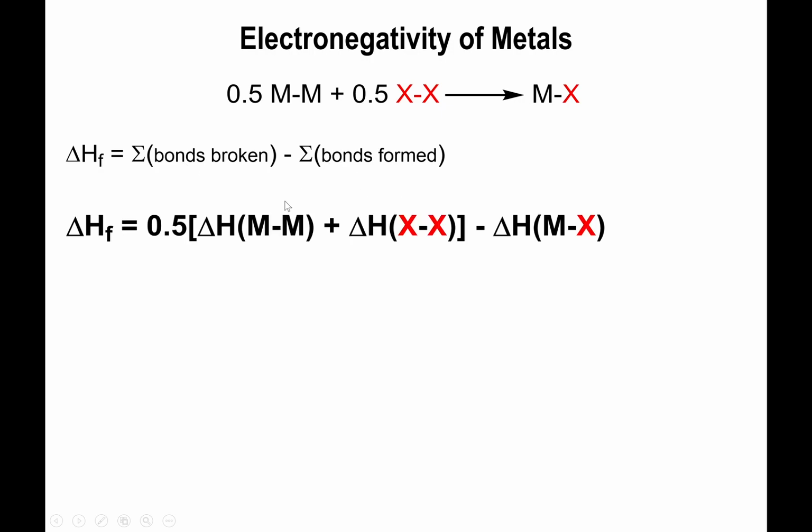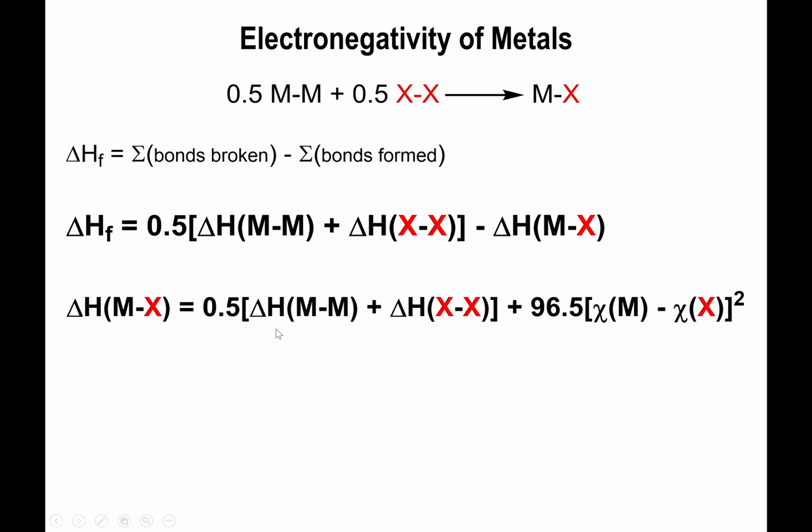And what you see is that for the bonds broken, you're breaking half an MM bond, and you're also breaking half an XX bond. So notice here that the bond dissociation enthalpies of MM and XX get multiplied by 1/2, and at the same time you're forming the MX bonds. So you're subtracting the bond dissociation enthalpy of the MX bond, the product.